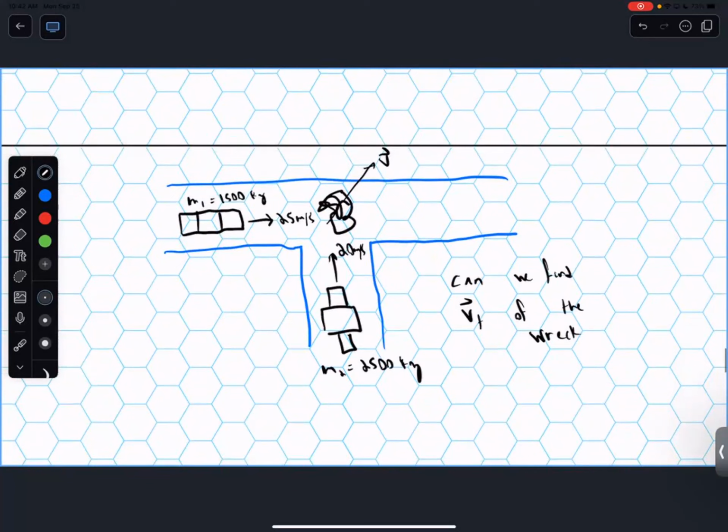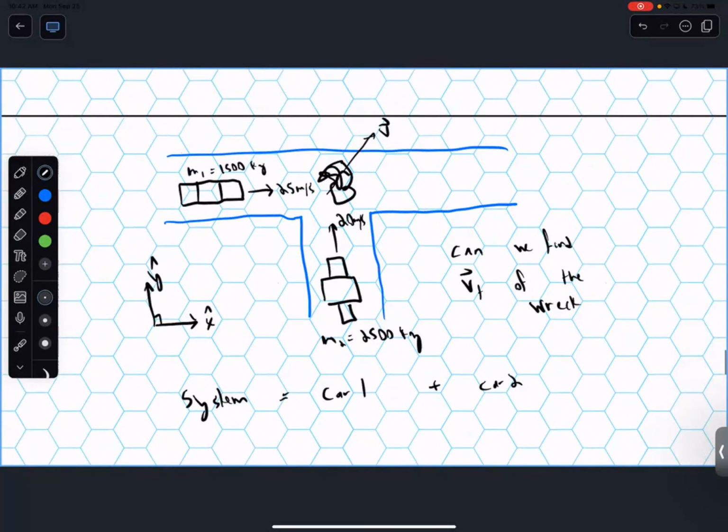Okay, so I'm going to define my coordinate system. I'm just going to use y hat as up and x hat to the right, same as always. Draw my right angle. Okay, and I emphasize that for this problem, my system, for the purpose of momentum, is going to equal car 1 plus car 2.